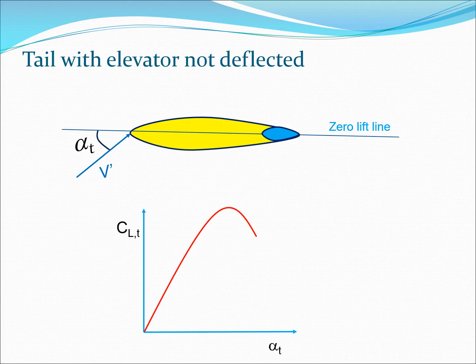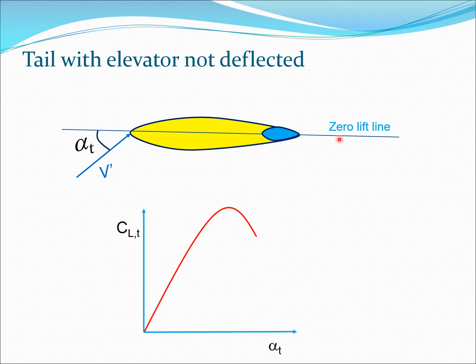So to start with, consider the typical tail section. Remember, tail sections are typically symmetric. You have a velocity of air coming at v dash, and you also have this angle alpha subscript t, which is the angle which is seen by the tail. This angle is relative to the zero lift line for the tail. Now what I have shown here in blue is the elevator when it is not deflected.